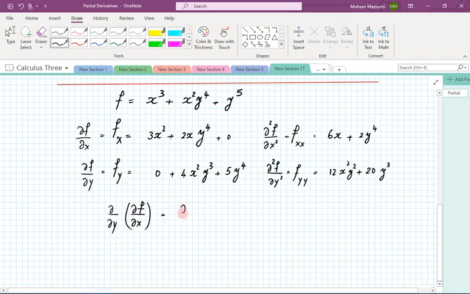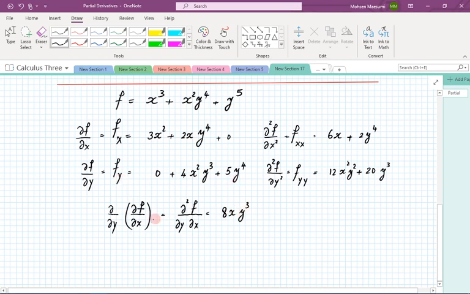And if you want to abbreviate it, it is the second partial of f where the last one is on the left and the first one is on the right. I take this thing, take a derivative with respect to y of that one. So the derivative of this will be 0. The derivative of this one will be 4y cubed times that. It becomes 8xy cubed.